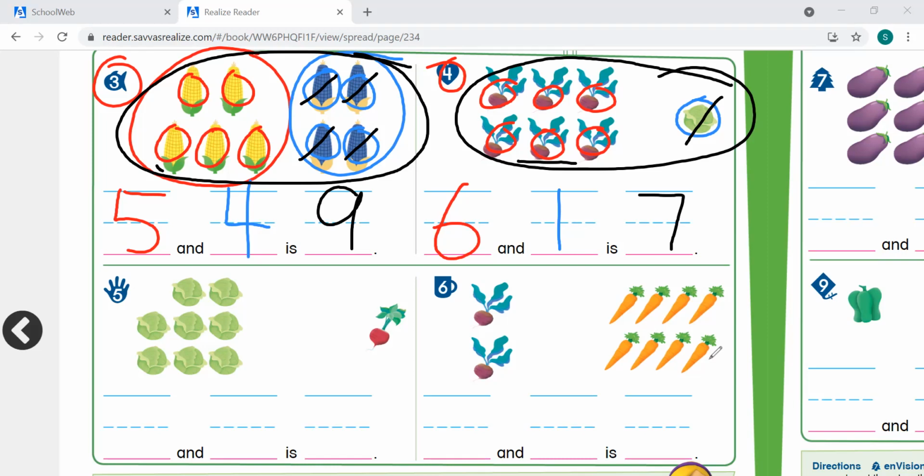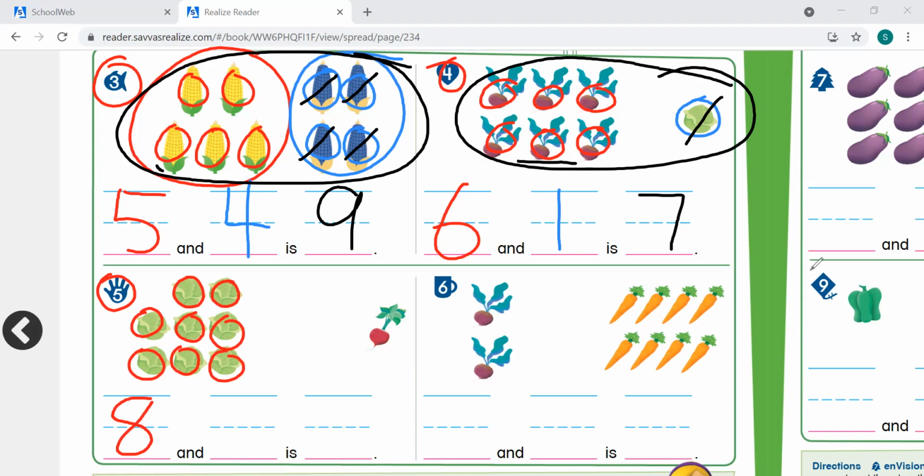All right, let's go to our next problem. 5. We're going to use our counters again. 1, 2, 3, 4, 5, 6, 7, 8. Let's put 8 in our addition sentence. One group with 8.